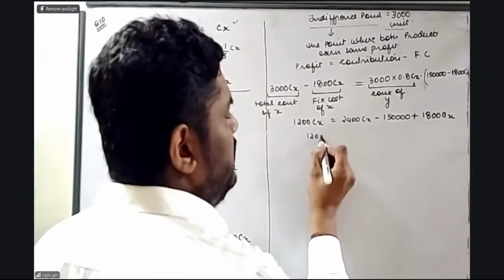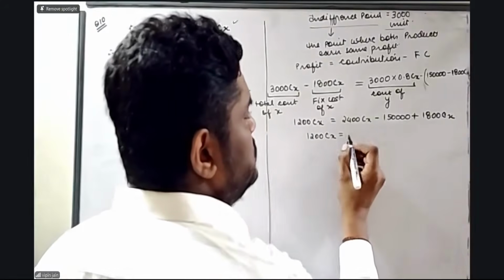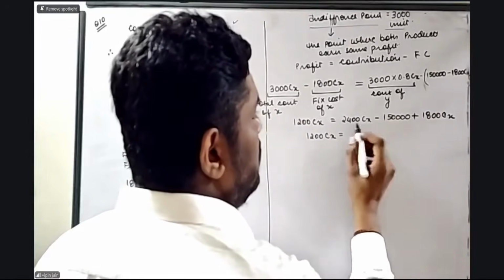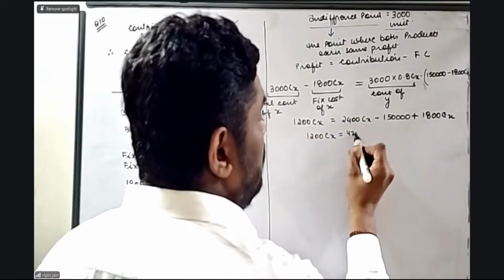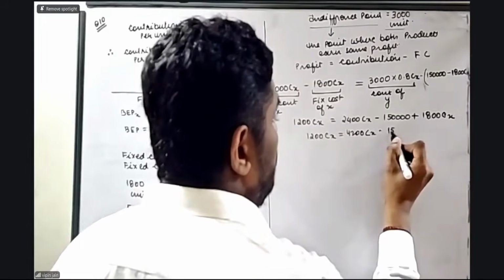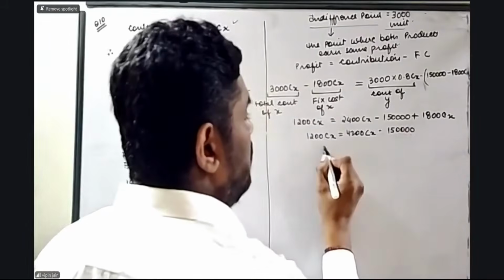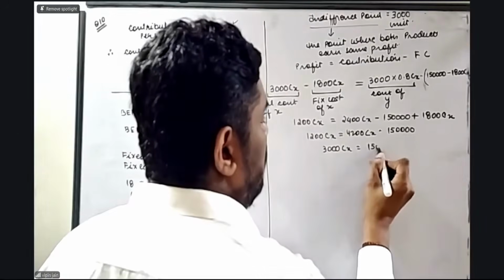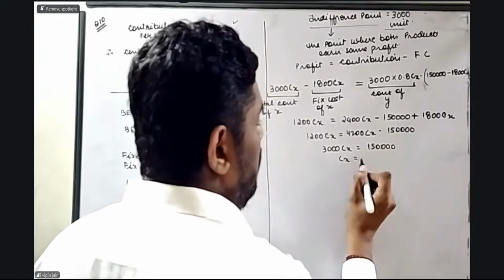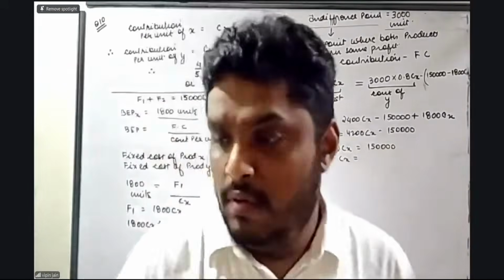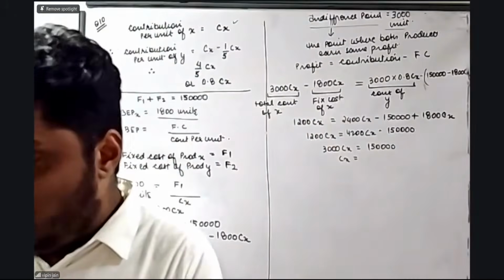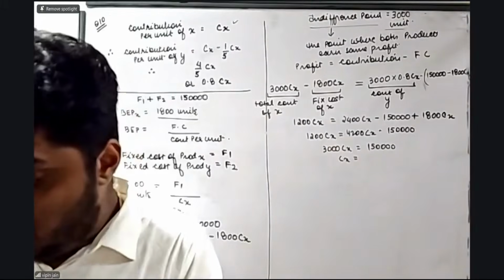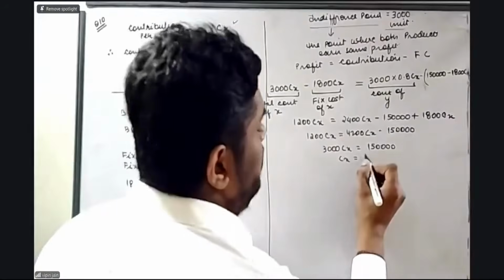So this will be 1200 Cx is equals to... so contribution of X will be 50.